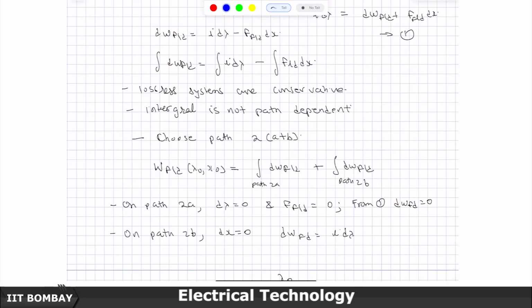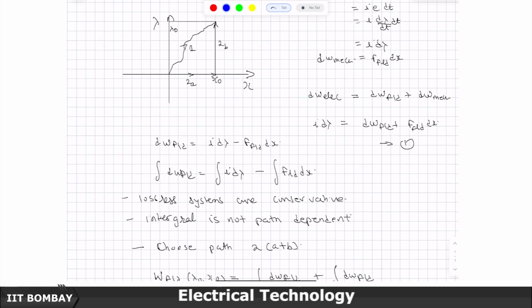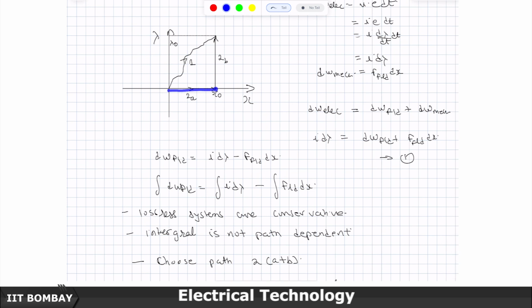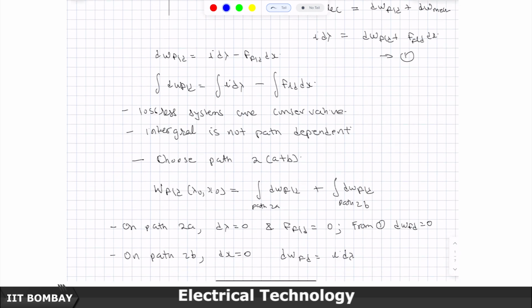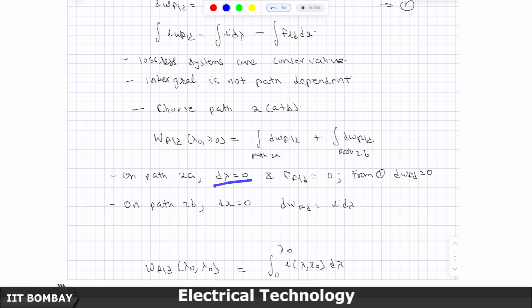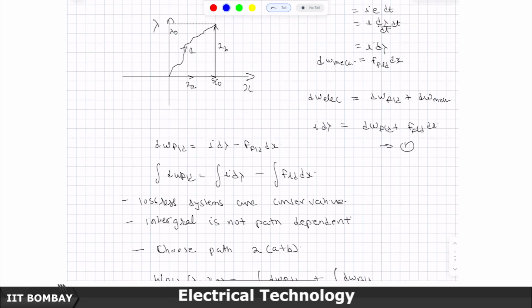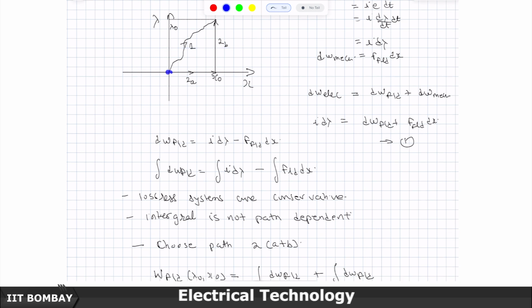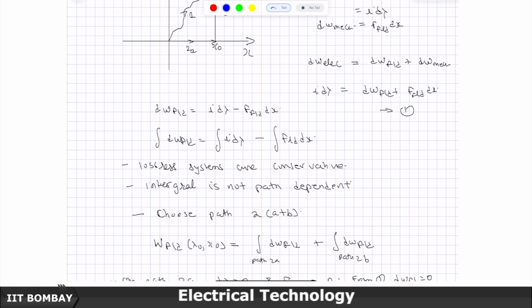So, in the path 2A, which is movement along this, d lambda is 0, because anything on this will keep lambda constant. So, d lambda will be 0, and because in particular we have taken it to be along the x axis, lambda is exactly 0.